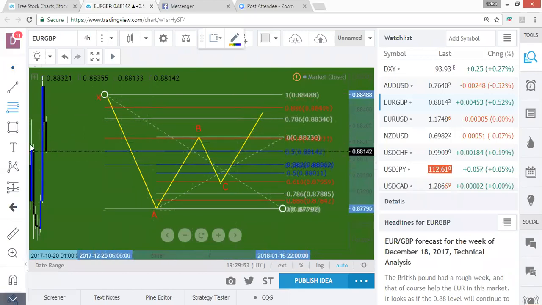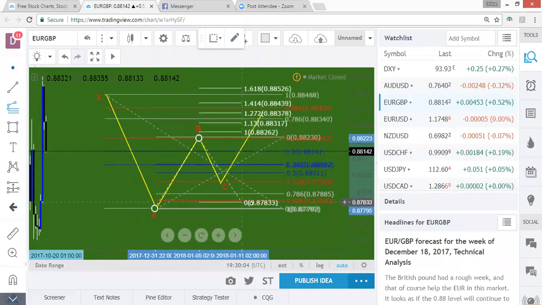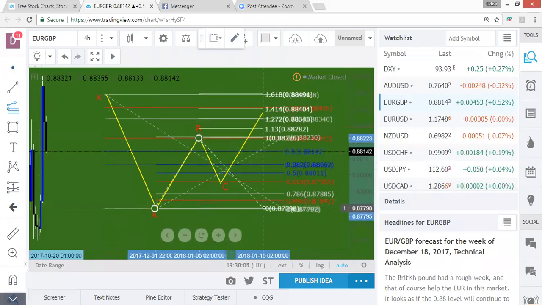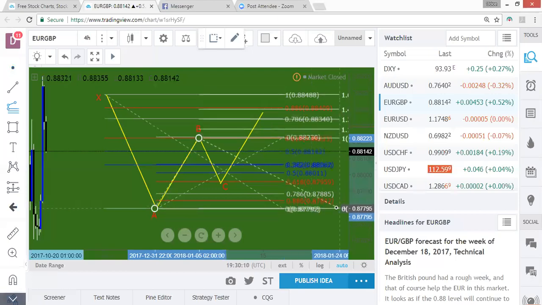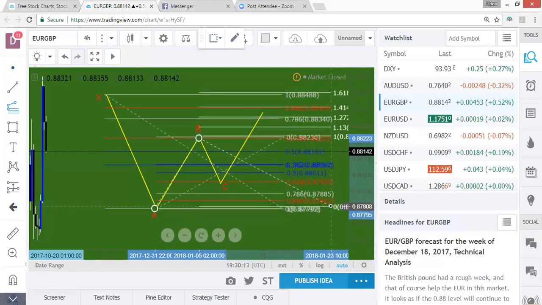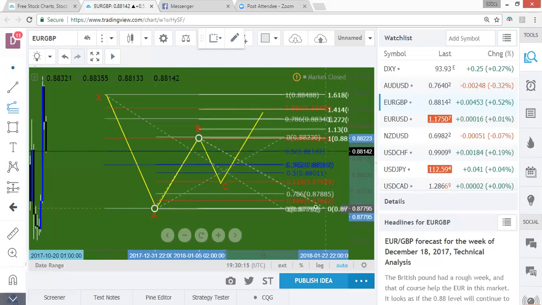We're also looking for a Fibonacci extension from our A to B move, back down to A, and we're looking for a 127 extension. And you can see the price went past that too, but that's fine. It's not going to be perfect every time.